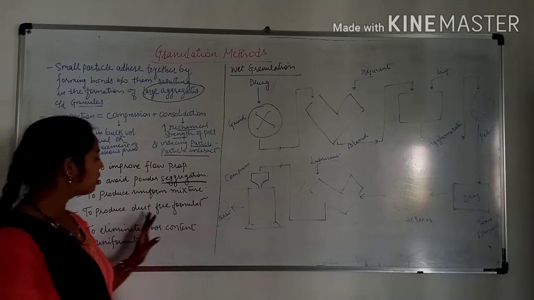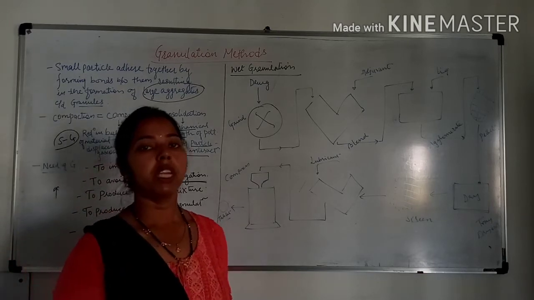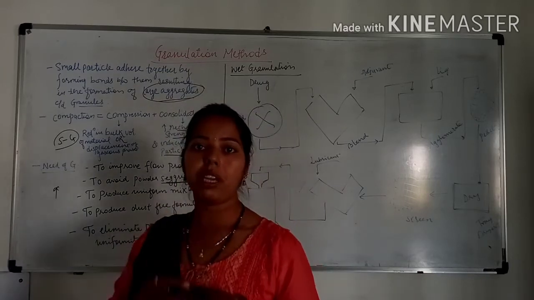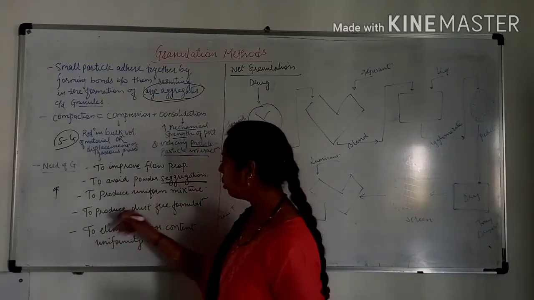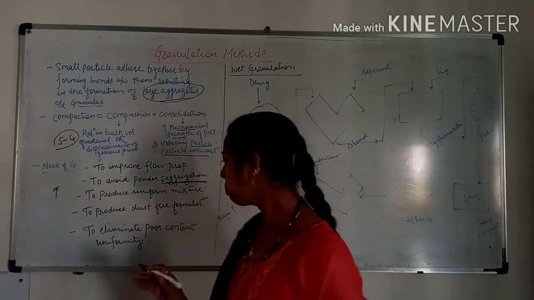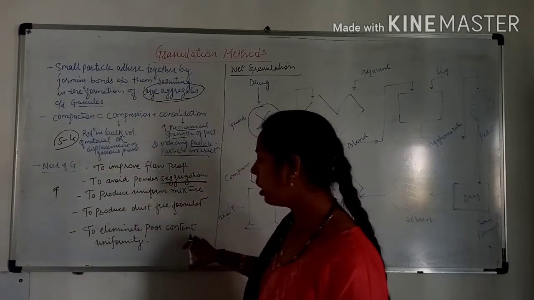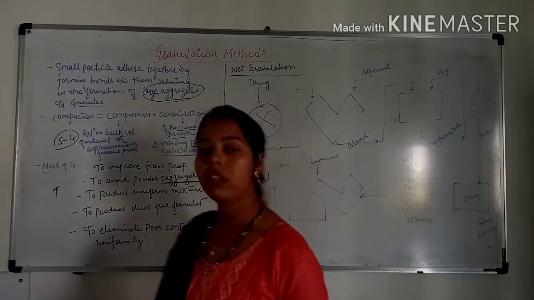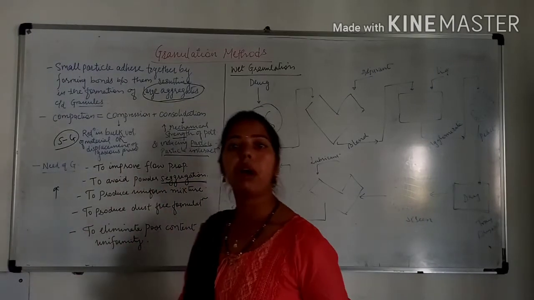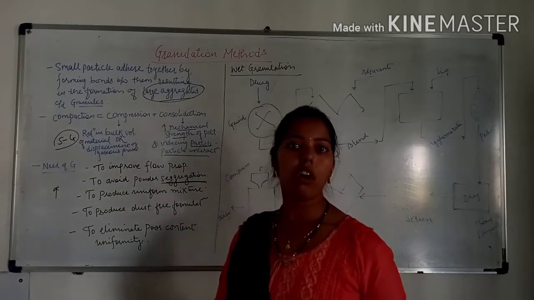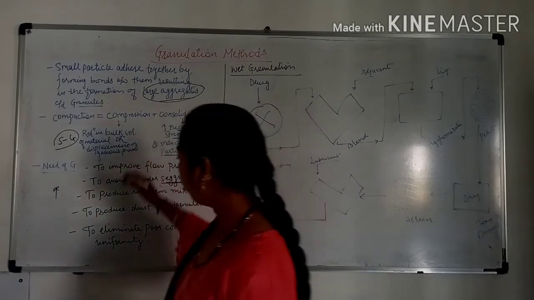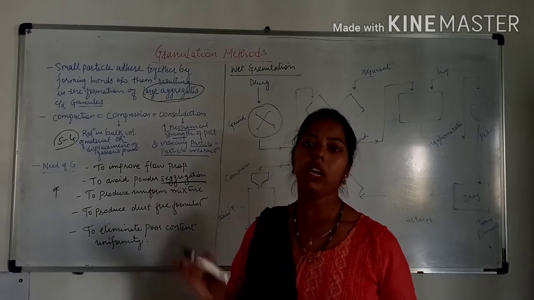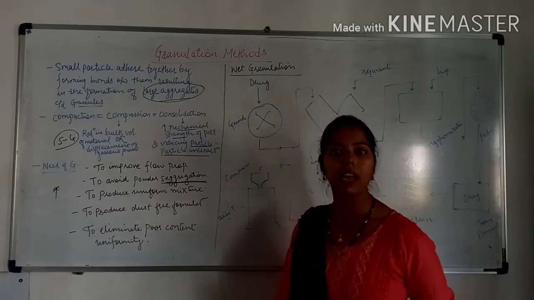Then, to produce a dust-free formulation, it means when we make aggregates, we try to minimize the dust or loose powder in the final product. Then to eliminate poor content uniformity, we improve the content uniformity by properly blending the raw materials. So these were the objectives or needs of granulation, that is why we go for granulation before compressing the tablet.